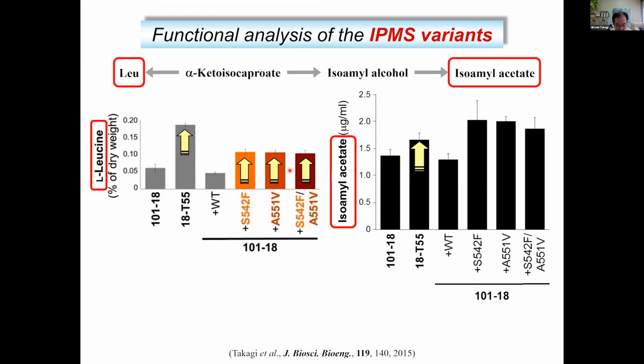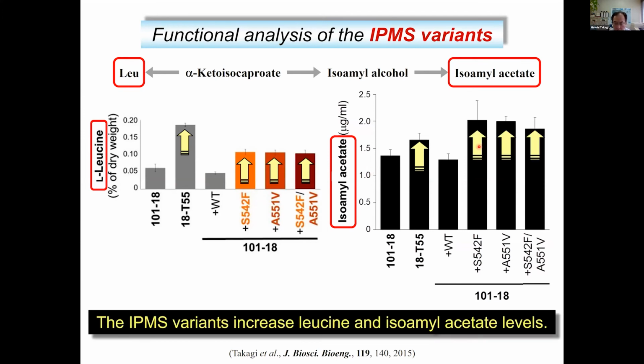Also, in proportion to the intracellular leucine level, the yeast cells expressing the IPMS variants produced more isoamyl acetate than the cells expressing the wild-type IPMS. These results indicated that the IPMS variants, with removal of feedback inhibition by leucine, cause intracellular leucine accumulation and also extracellular hyperproduction of isoamyl acetate.